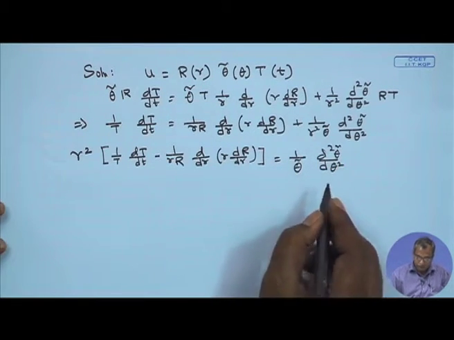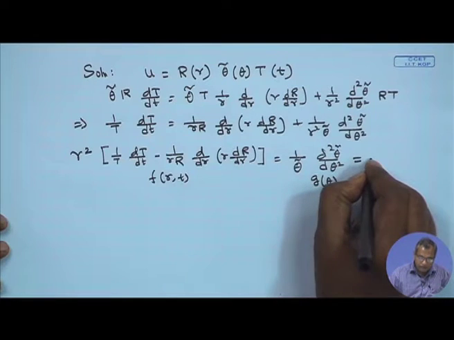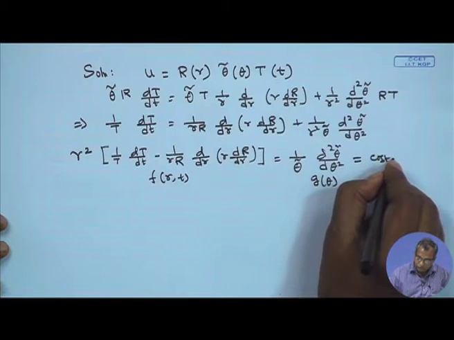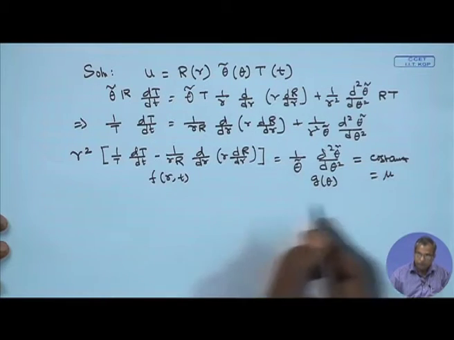The left hand side is entirely a function of r and t, the right hand side is entirely a function of theta. They are equal, so they will be equal to some constant. This constant can be positive, can be 0, can be negative.